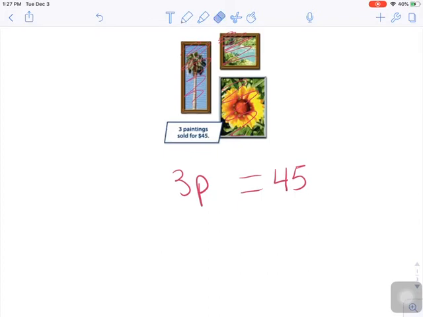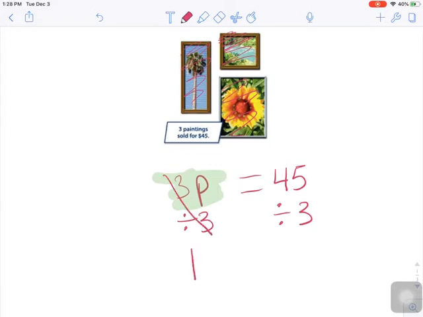So now that I have my equation, I can solve for how much each painting costs. Looking at this 3 times p, how do we undo multiplication, or what's the opposite of multiplication? Division. So I'm going to divide by 3 on both sides, because remember, with equality, whatever you do to one side, you have to do to the other. These 3's cancel out because 3 divided by 3 is just 1.